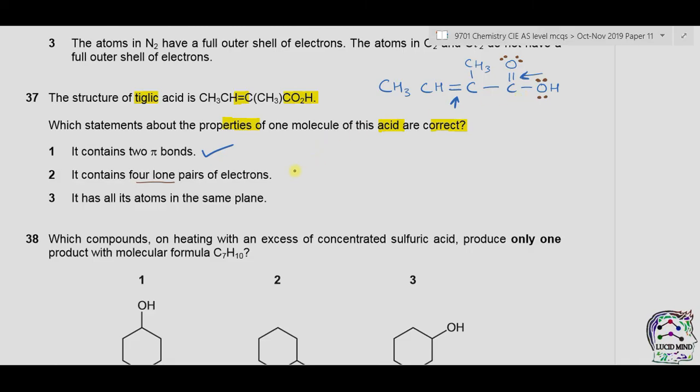So in total there are 4 lone pairs of electrons that are not involved in bonding, so option 2 is correct. Option 3, it has all its atoms in the same plane. This is incorrect because carbon is making 4 single covalent bonds and the structure is tetrahedral. And in tetrahedral the atoms are not in the same plane. Options 1 and 2 are correct. The answer is therefore B.